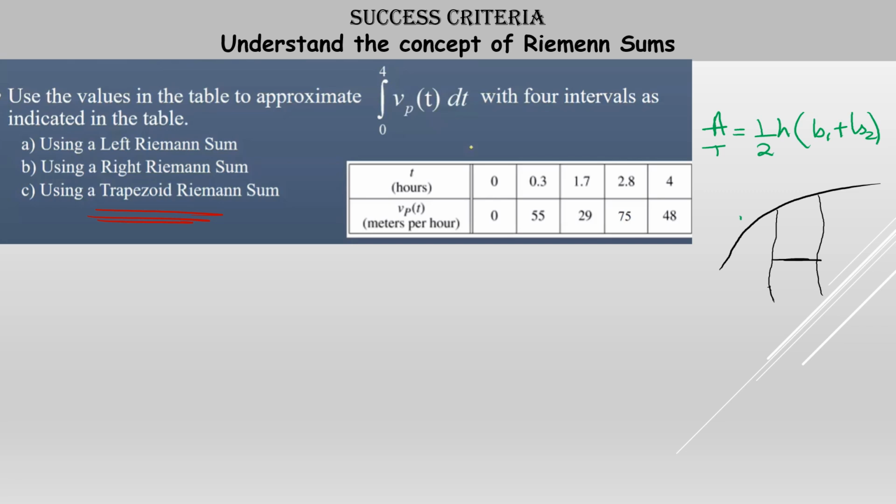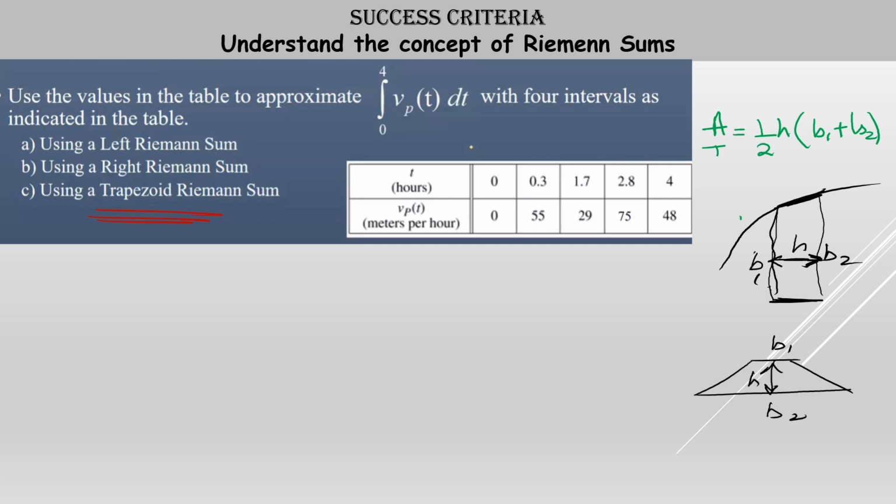In a trapezoid, this is the height, h. Then this is base 1 and this is base 2.